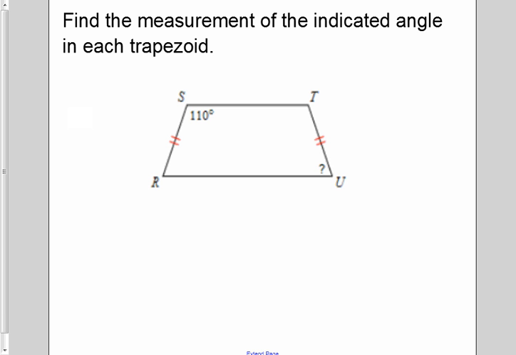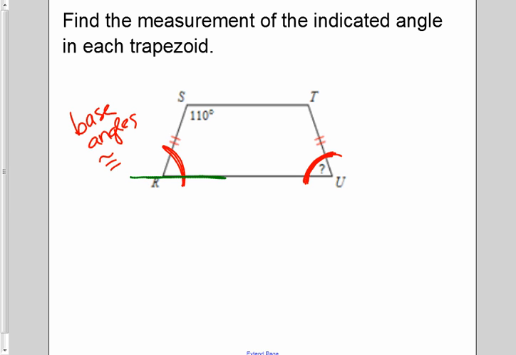Okay, if I look at this one here and I want to find the measurement of the indicated angle in this trapezoid, I know here that this is 110 degrees, and we have an isosceles trapezoid. So the base angles are congruent. This is one of my base angles, and this is my other base angle, so these two would be congruent to one another.